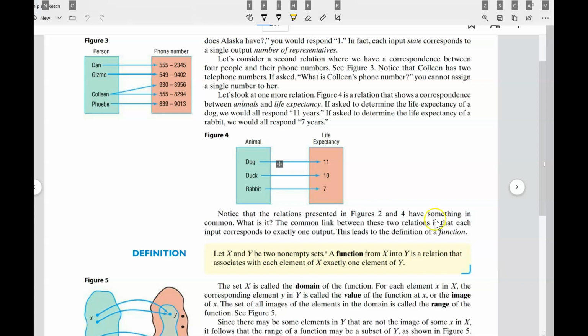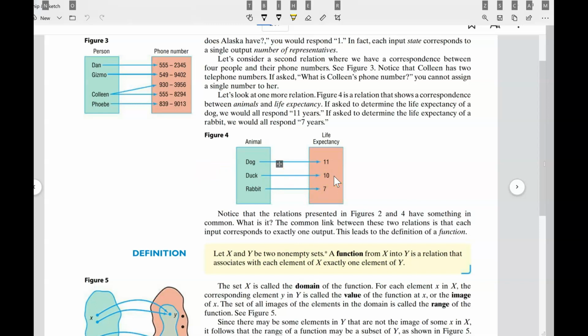So if everybody's looking at figure 4 with the dog, the duck, and the rabbit. Here's the animal. Here's the life expectancy. Everybody can see this information, and I say, Susie, predict the life expectancy of a duck. Susie would be able to easily say 10 years.